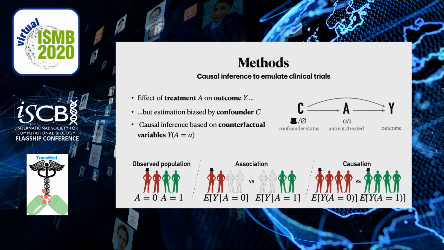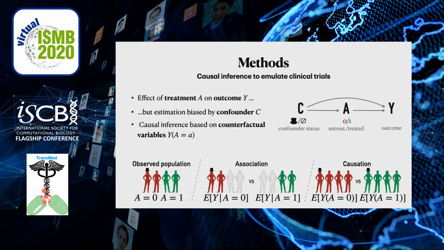In this case, what you would like to compare is, on one hand, the whole cohort, if all patients had been left untreated, all red, versus the average outcome in the cohort in which all patients had been treated, all green. In this case, of course, that's the same cohort, so the confounder status is balanced in both cohorts.